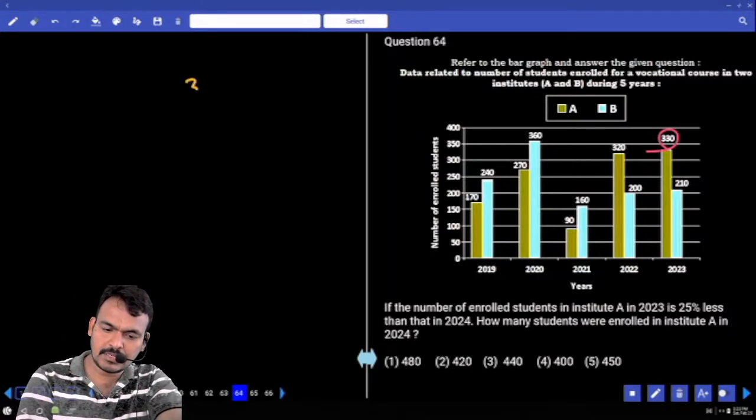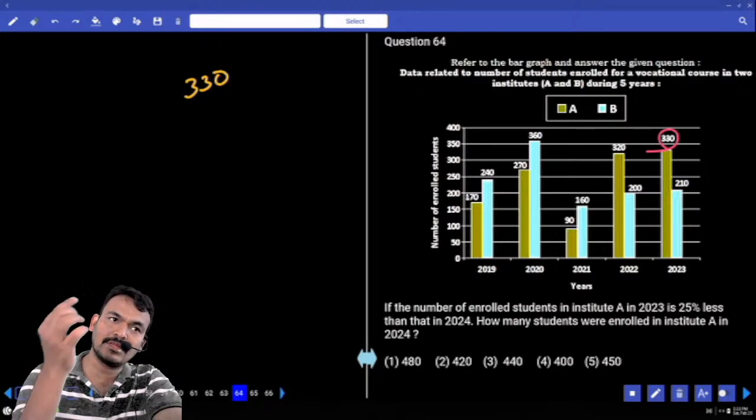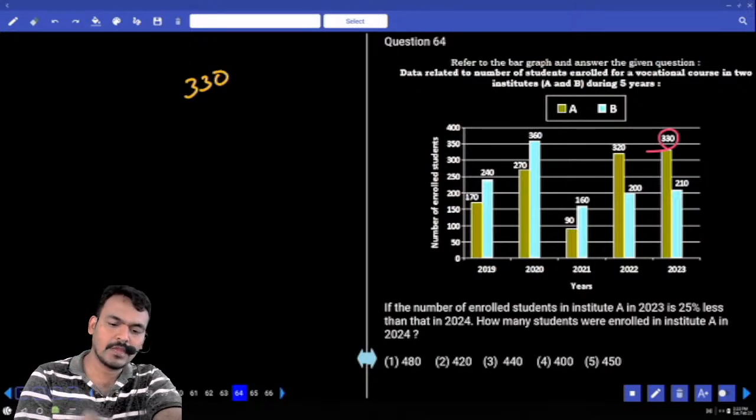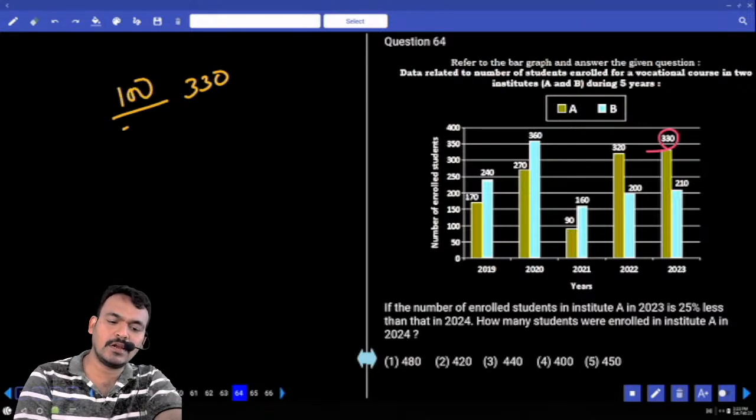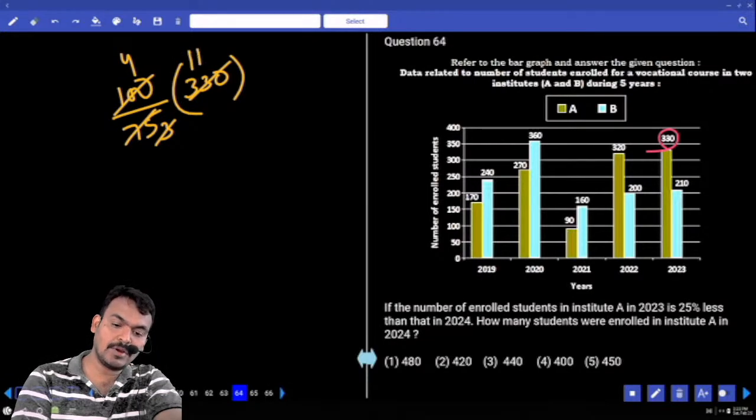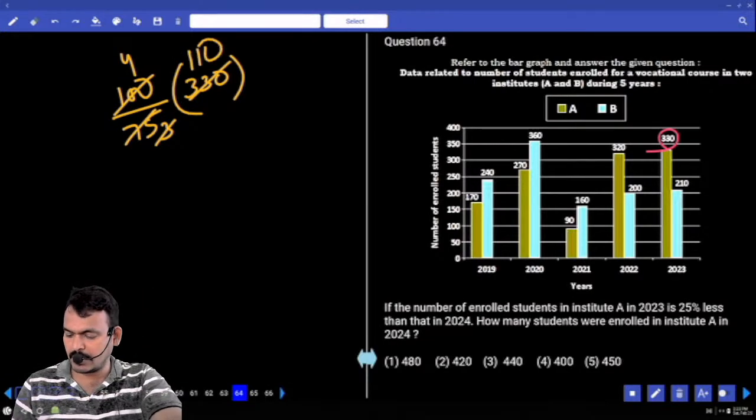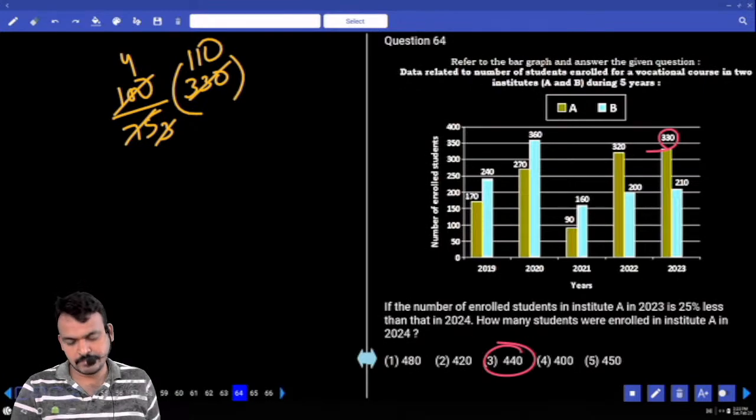That 330 is 25% less than 2024. Suppose 2024 is 100%, then 2023 is 75%. What is the ratio? 4:3. What is the 3 parts value? 330. 1 part value is 110. Then 4 parts are 440.